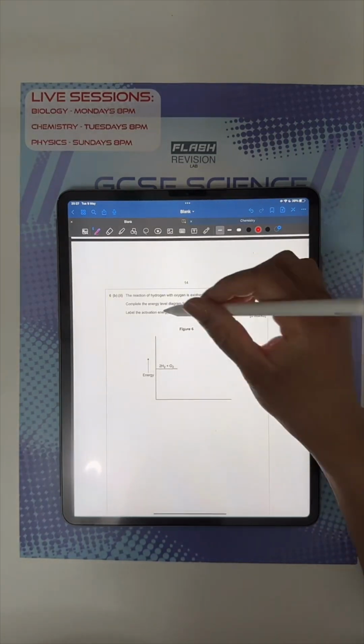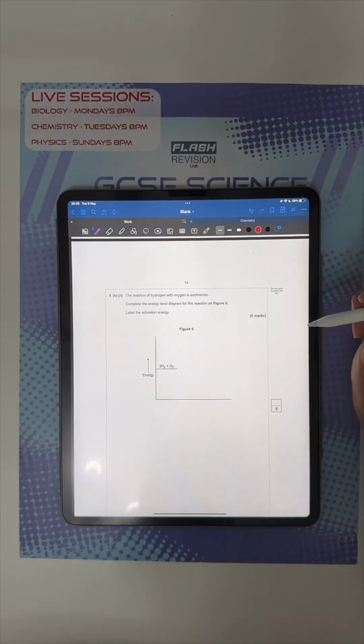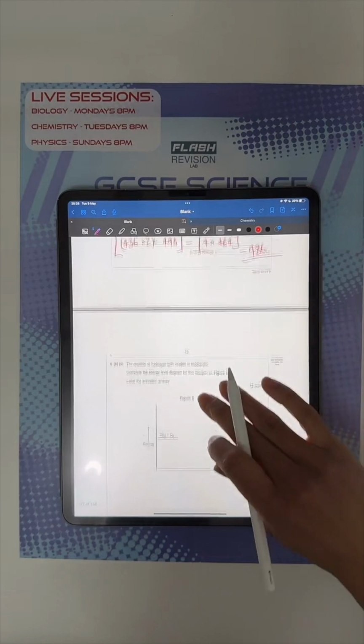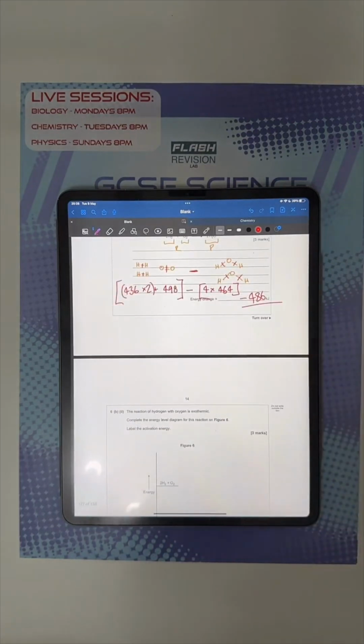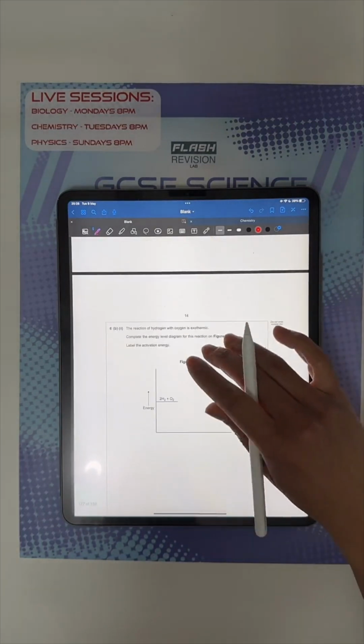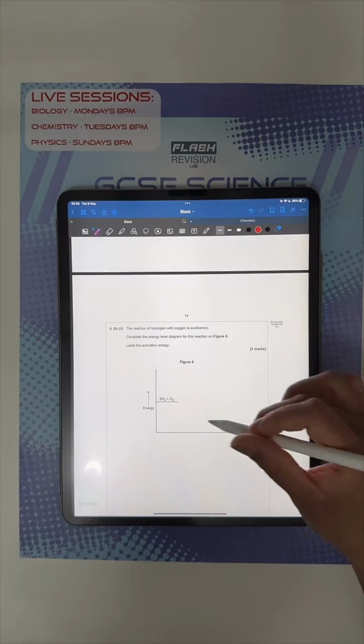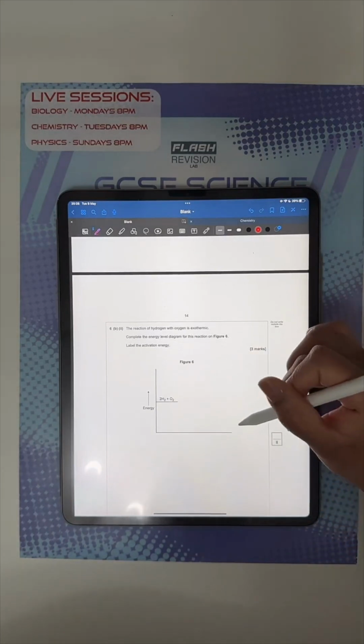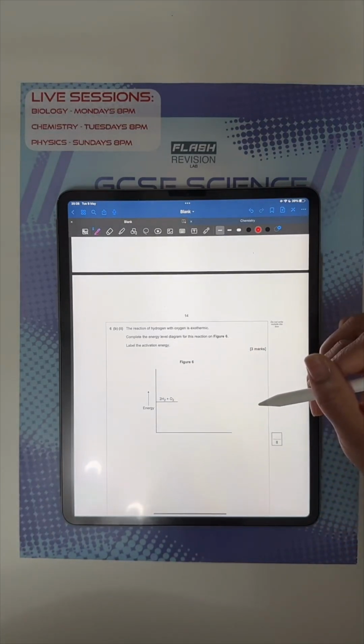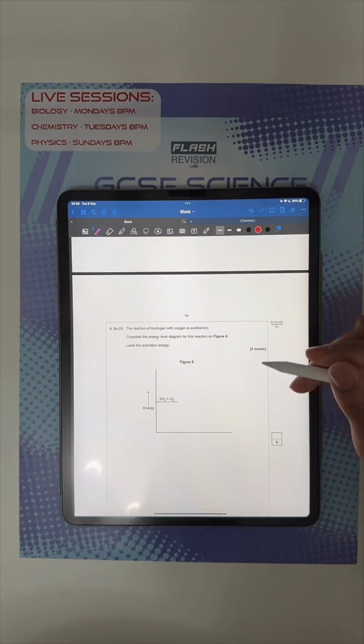Next one asks to draw an energy profile diagram for this reaction. So we've just worked out it's minus 486. So that means the products are going to be higher or lower? No, it's not going to be higher. It's going to be lower.